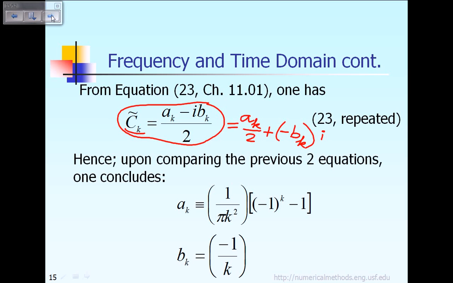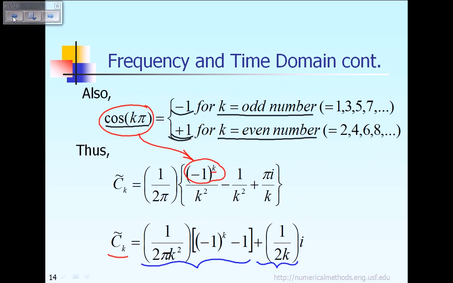Now, if you compare the real part of c tilde k, which is a sub k over 2, and you equate that to the real part of c tilde k, which is this term right here, then we can figure out the value of a sub k. Can you see that?